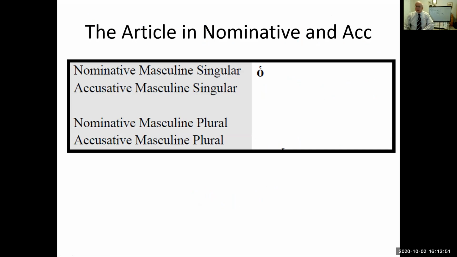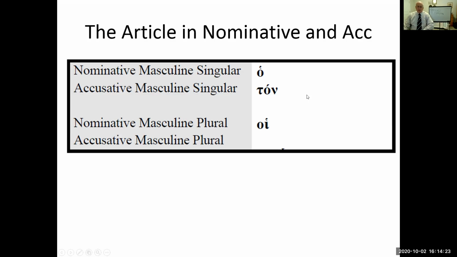The other thing we need to know is that the article changes, not just the ending of the nouns. For example, ho logos, if it's the subject. I speak the word, lego ton logon. The article will change with the ending of the word.